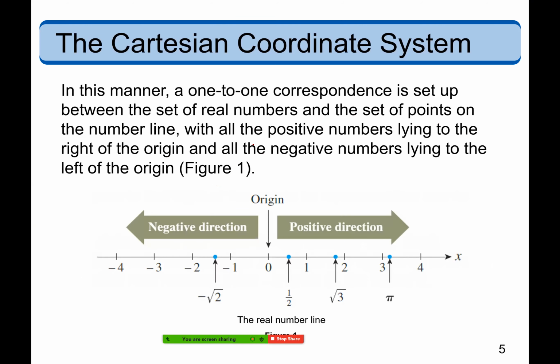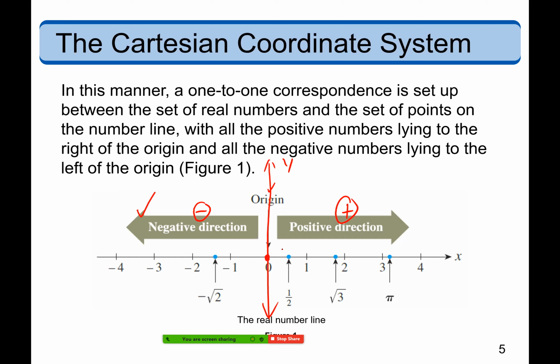And I mentioned that earlier, the x-axis is a number line, right in the middle is the origin, right? And on the left-hand side are the negative numbers, and on the right-hand side are positive numbers. You can just draw that, right? This is the y-axis, same thing here. So that's why the intersection is the origin, right?